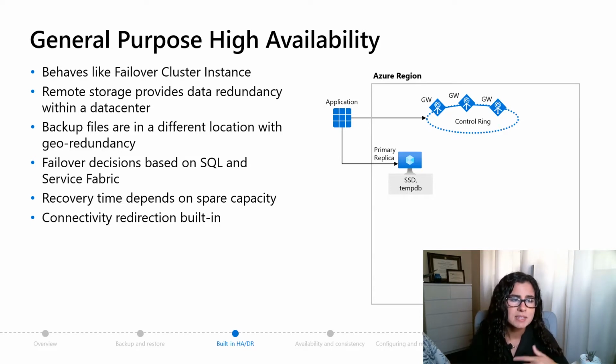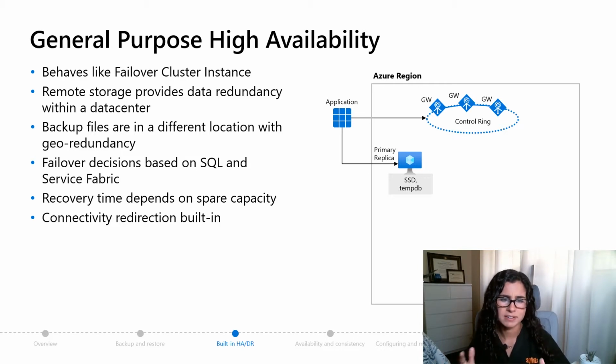It behaves kind of like a failover cluster instance. On the left, you see an application, then a control ring with several gateways, and then your primary replica. You can set up different connection policies to either go to the gateway every time, which is known as proxy, or to go to the gateway first and then go straight to the database every time, which is redirect.